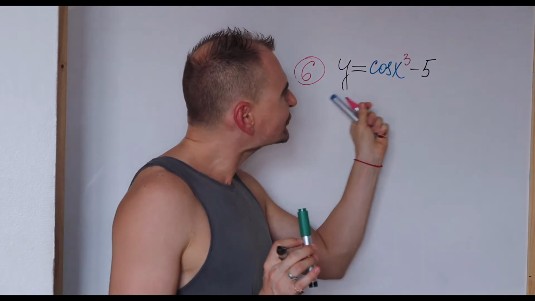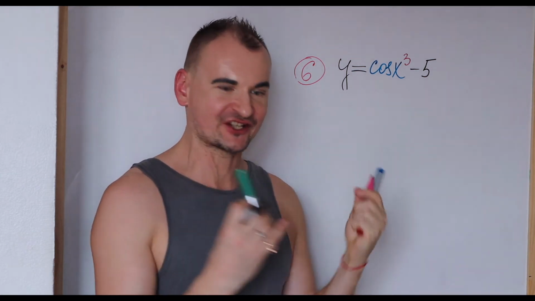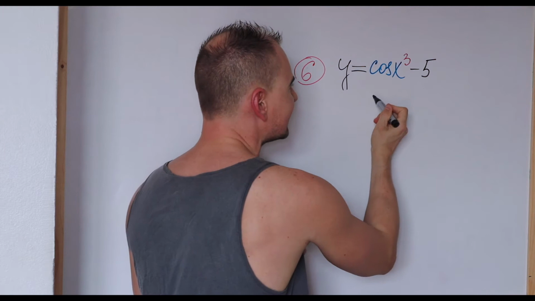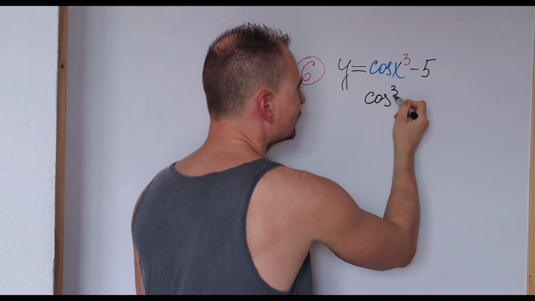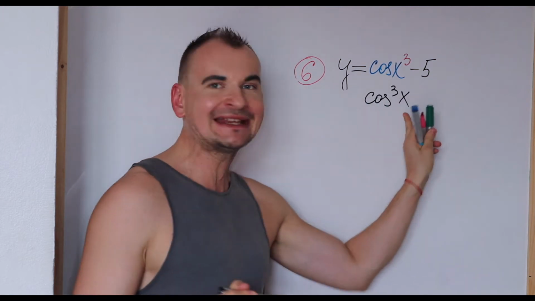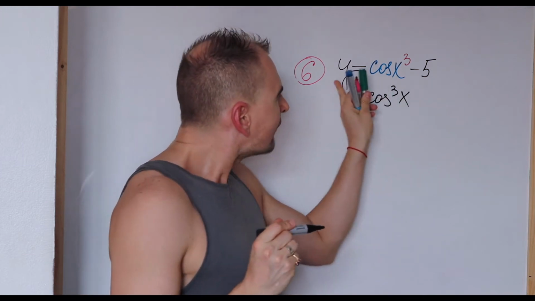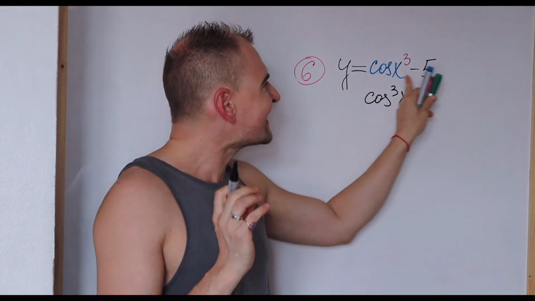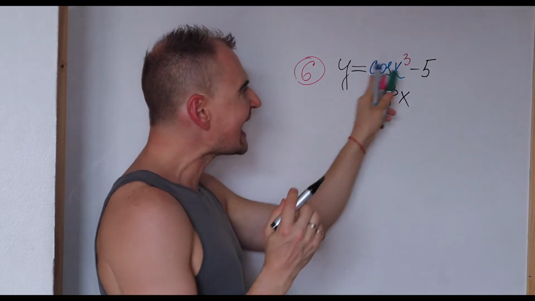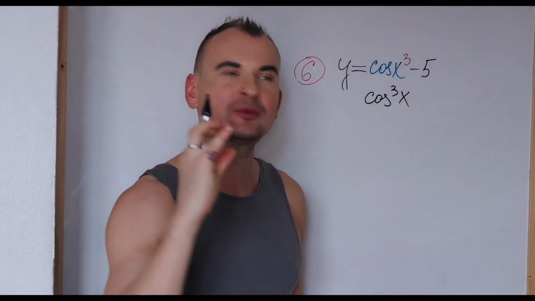Notice it's not cosine cubed of x, so do not confuse this with cosine cubed of x, which is completely different. What you are given means that your argument is x raised to the third power.